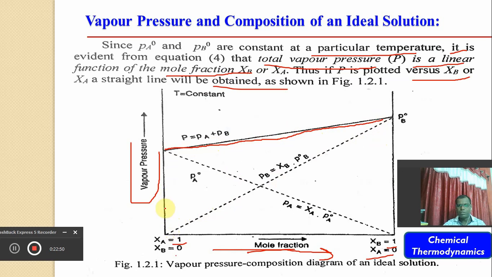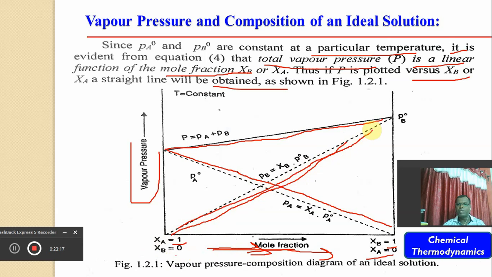This is the partial vapor pressure of liquid A, and this line indicates the partial vapor pressure of liquid B. Whenever we go from this side to this side, the composition of xB goes on increasing. That's why its vapor pressure goes on increasing.